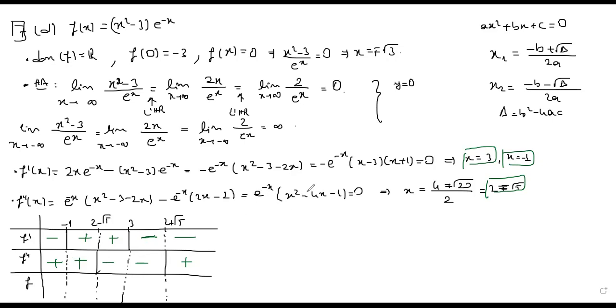Though it's always positive, you need to only check this one. So it gives, this is decreasing, increasing, and increasing, decreasing, decreasing, upward, downward, downward, upward, and upward.